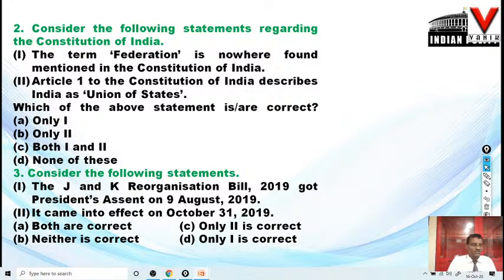What is the answer to question number 2? The term federation is nowhere found mentioned in the Constitution. Article 1 of the Constitution of India describes India as a union of states. Am I audible?